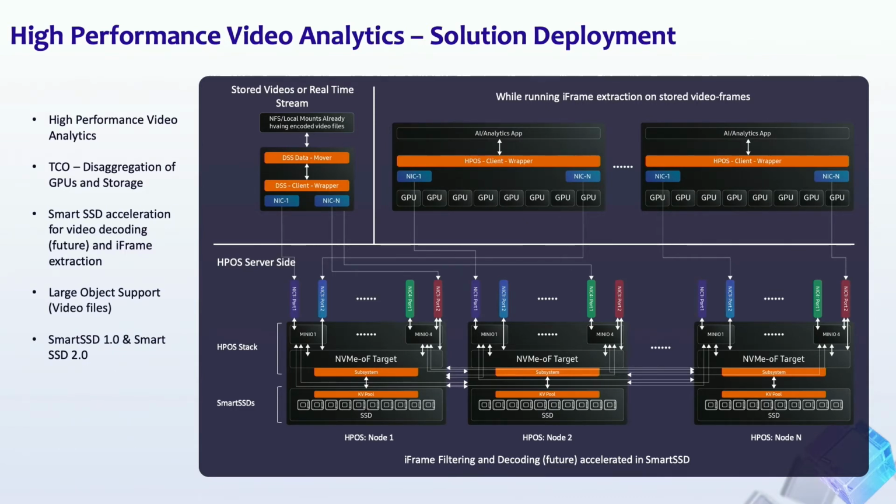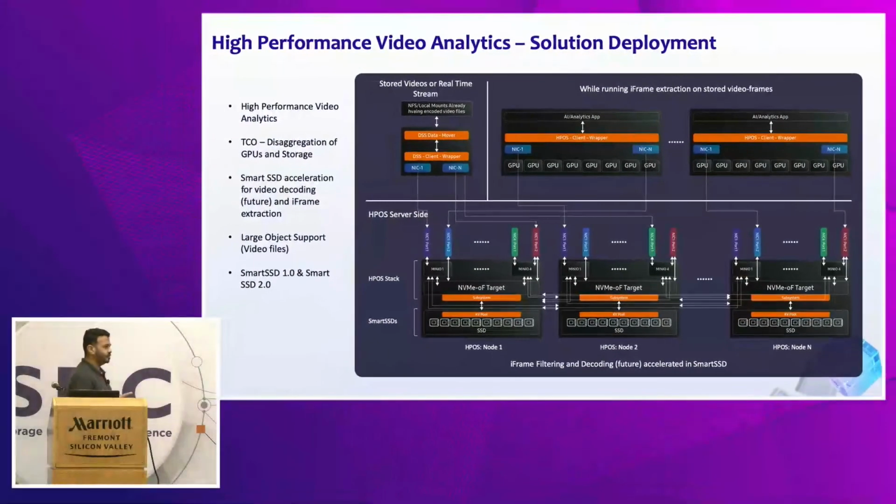And on the right side, where you want to run your video AI for all the object detection models, two things happen, right? You either load the whole video, decode that video, and then run your models. So the idea here is you offload the iframe filtering in the put path, as well as decoding in the read path, to smart SSDs.